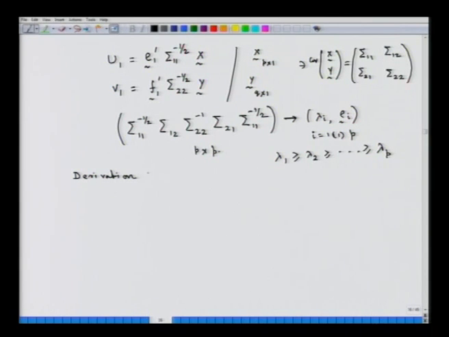So, we are trying to get the derivation of second canonical variables. Now, in the definition of canonical variables, one may recall that when we move on from the first to the second and in general to the kth pair of canonical variables, the second pair will be such that u2, the first component of the second pair, will be uncorrelated with the first component of the first pair of canonical variables.